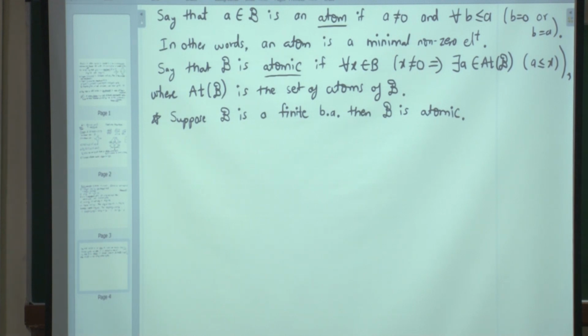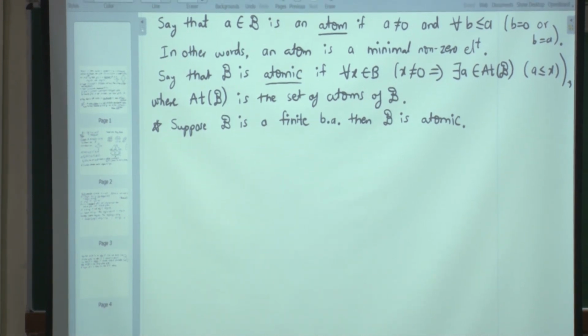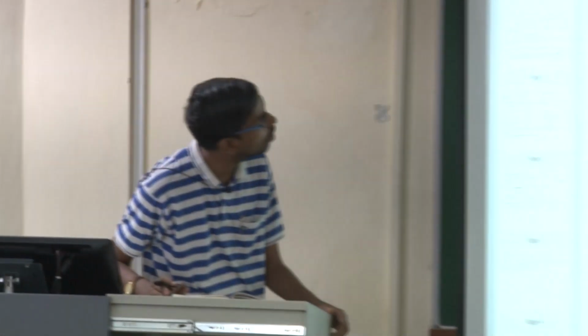What's the meaning of atomic? That every non-zero element is above an atom. How will you prove that? Think about it. If I am given a non-zero element x, how do I prove that it is above an atom?